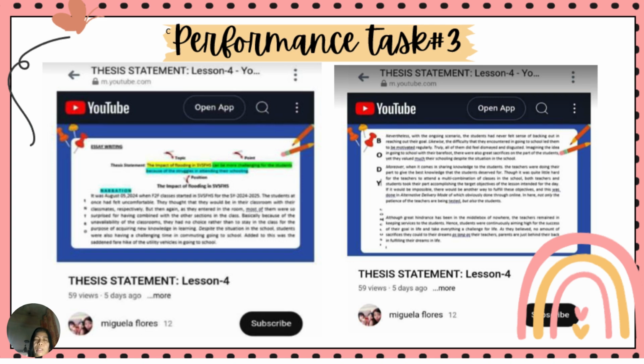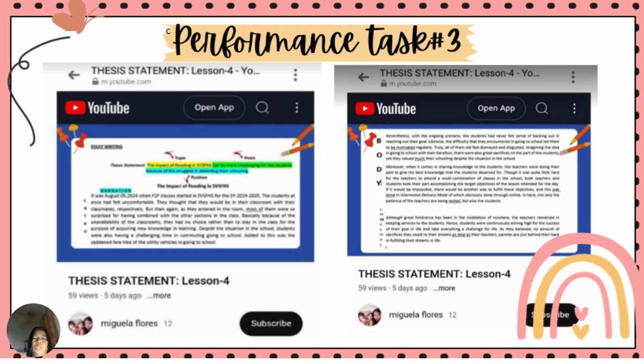It's all about the impact of flooding in SBSF. If you take a look, this was already presented to you in your GC. We just started working on this in our classroom, where different ideas coming from you were solicited, and then we came up with an essay having the introduction, the main body, and also the conclusion.